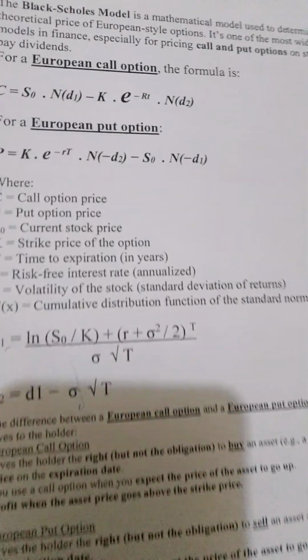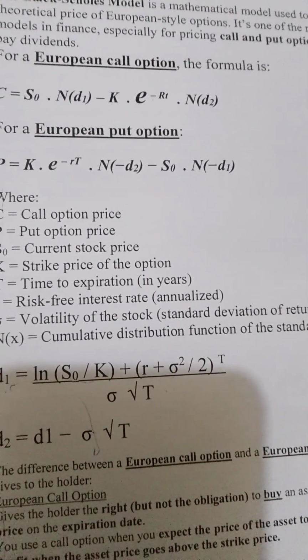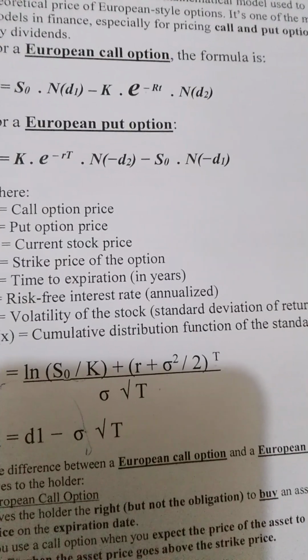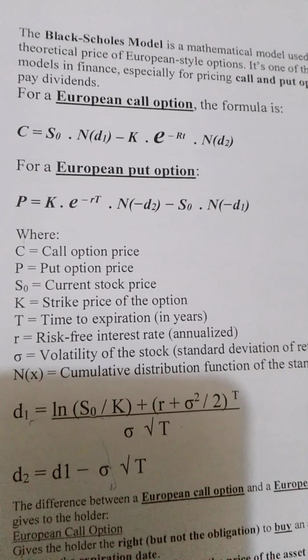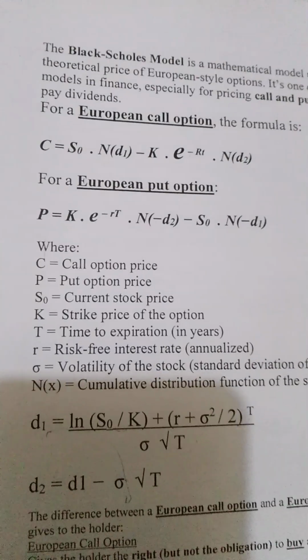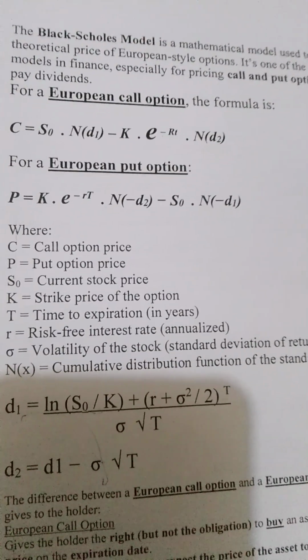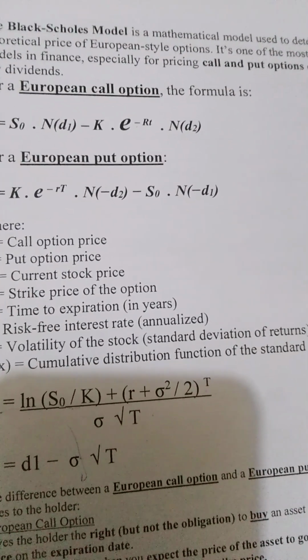Now, we received this question from somebody. I don't know whether this was a student or just somebody interested in this particular financial matter. So this is a question for today.